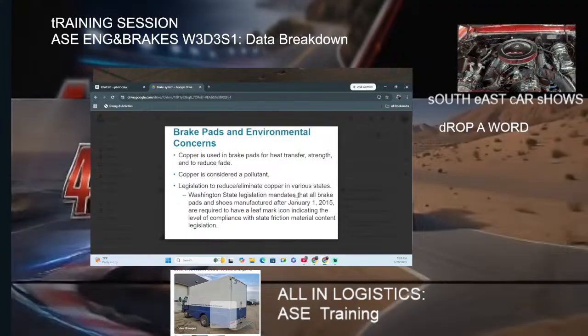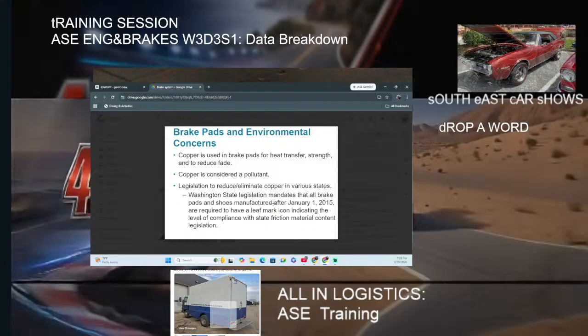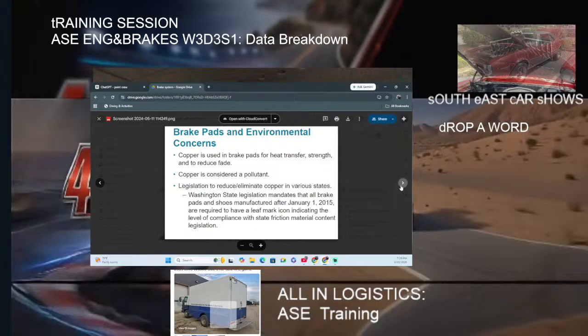Washington State's legislation mandates that all brake pads and shoes manufactured after January 1st, 2015 are required to have a leaf mark icon indicating the level of compliance with state friction material content legislation.